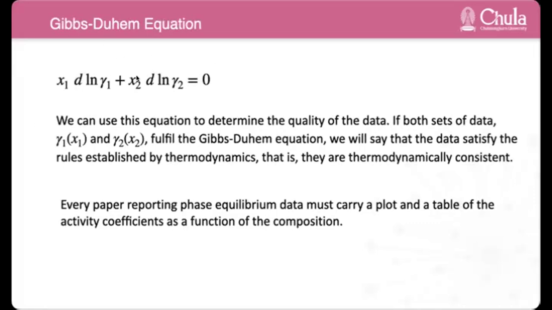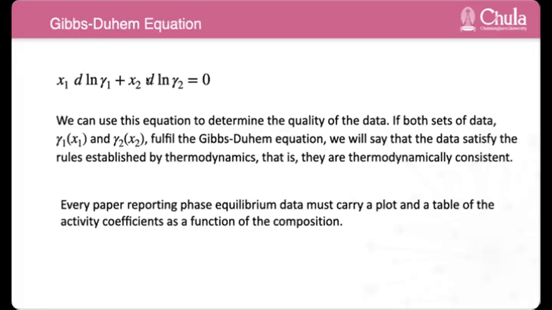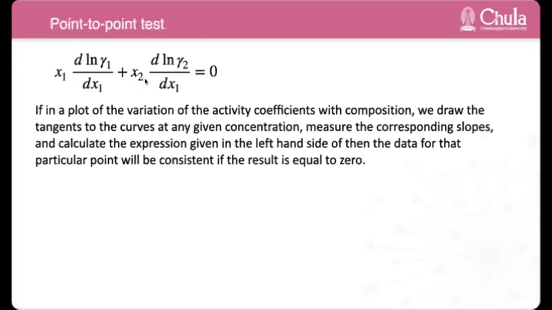So previously you were familiar with this one, right? Take the derivative with respect to dx1. If in a plot we show the variation of the activity coefficient with x1, with composition, we can draw a tangent.